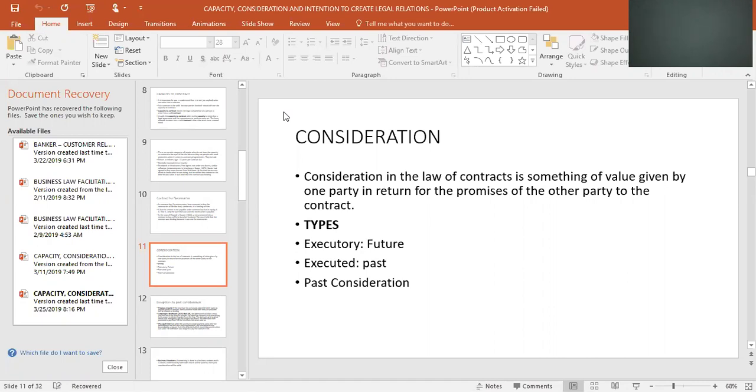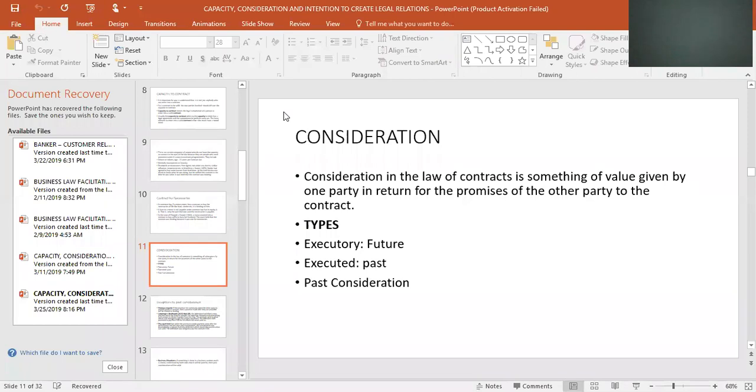So I hope you understand the executed and the executory. Now we move on to the past consideration. With past consideration, here there is no promise to do something for the other party.